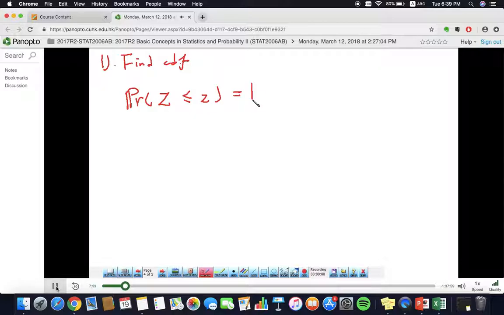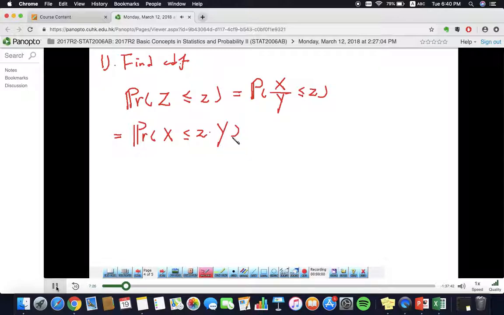Now here we have the probability that X over Y is less than or equal to z. Then we have the probability that X is less than or equal to z times Y.